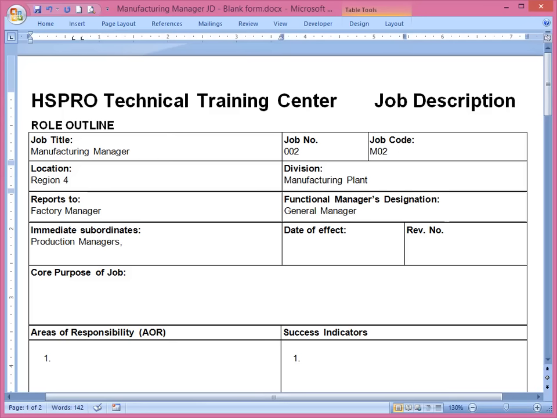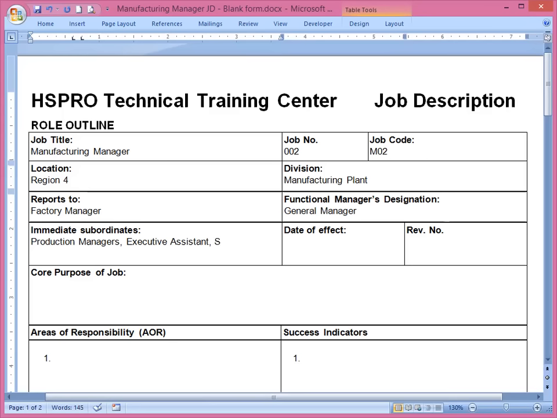So let's just say executive assistant. There should be an executive assistant for this guy because this guy is really so busy managing all the resources within the production area of the manufacturing plant.